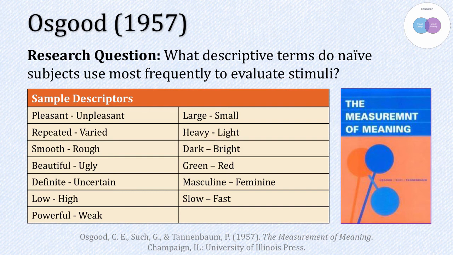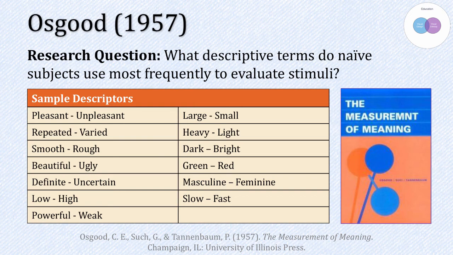For his experiment, he showed participants different visual stimuli, and he asked them to rate the objects using various descriptive continuums, such as pleasant, unpleasant, smooth, rough, low, high, slow, fast. What he wanted to know is what were the most important features people paid attention to when analyzing visual stimuli.